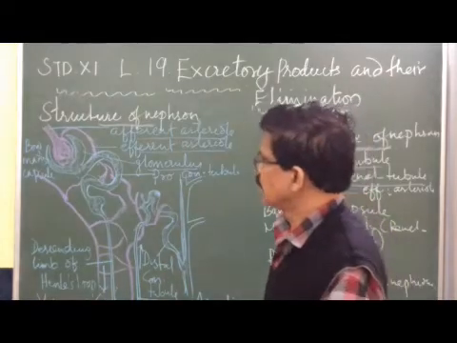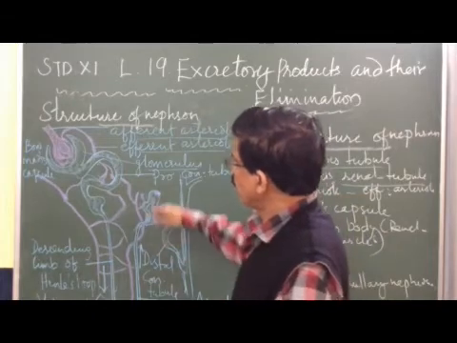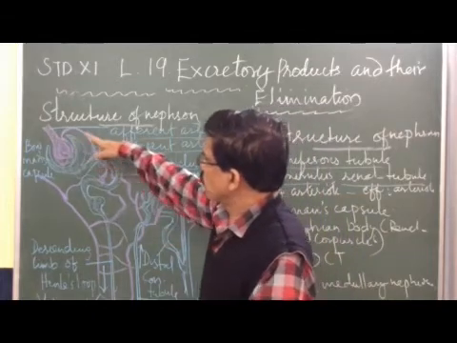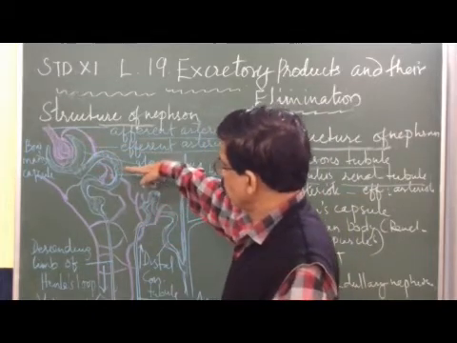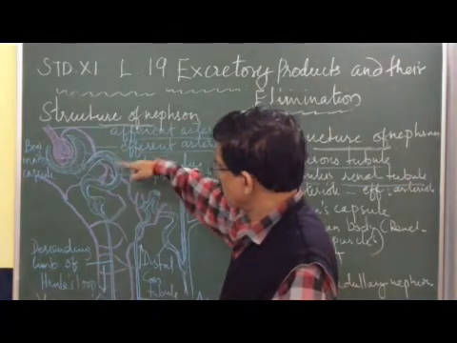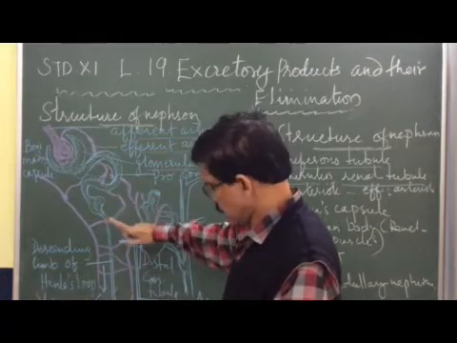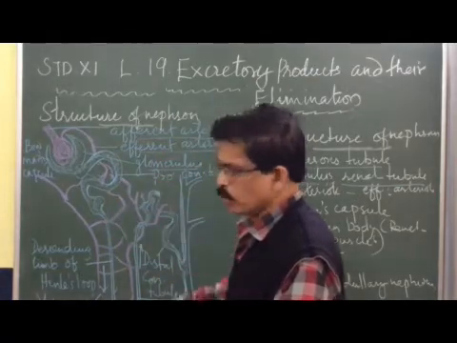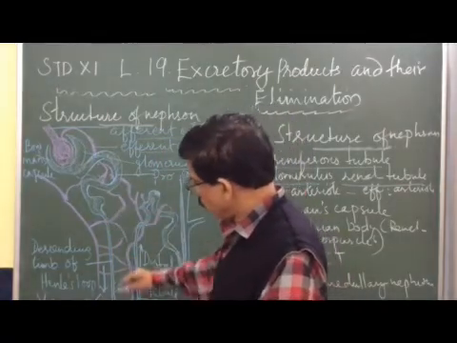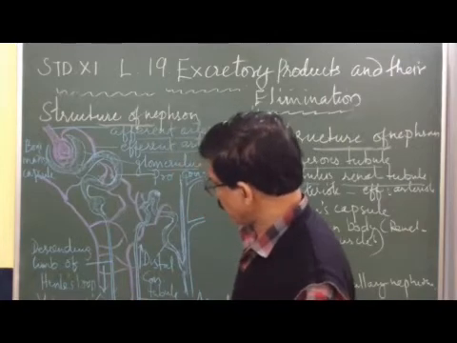Now the efferent arteriole that is coming out of the glomerulus or Bowman's capsule coils around what we call renal tubules, and they form what is called the vasa recta blood vessels.